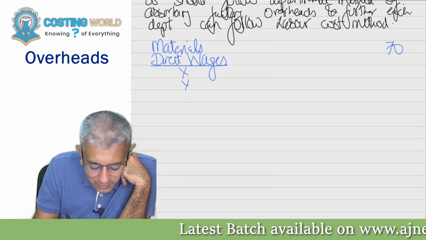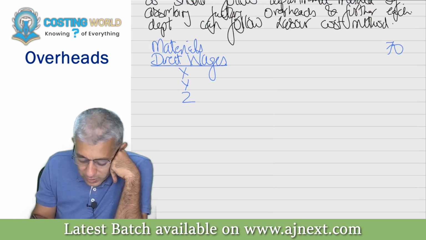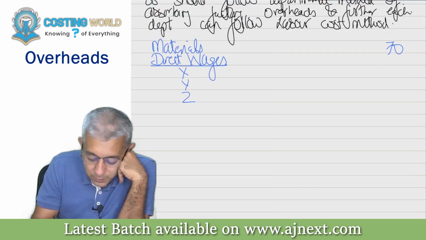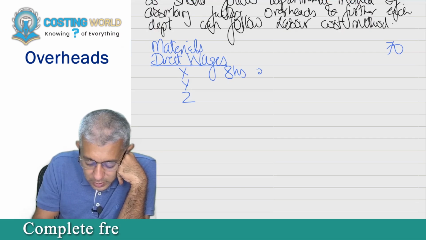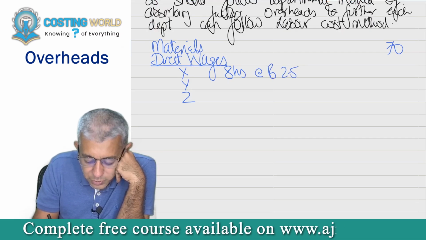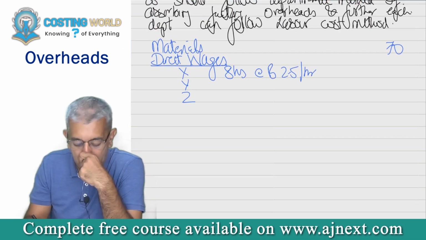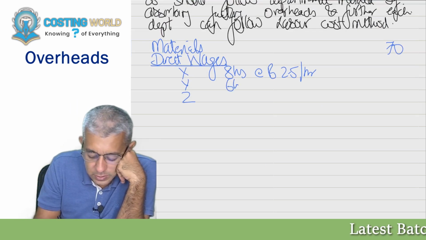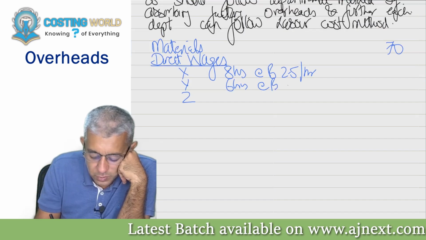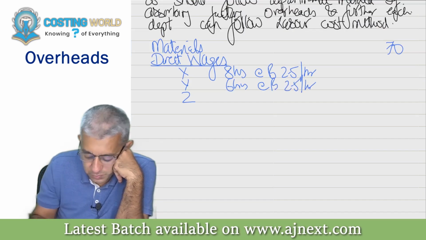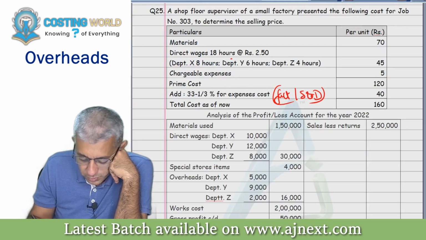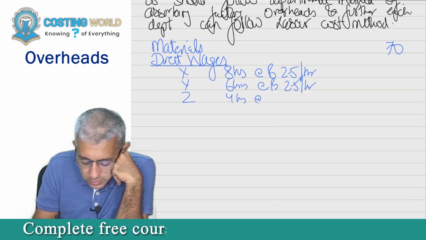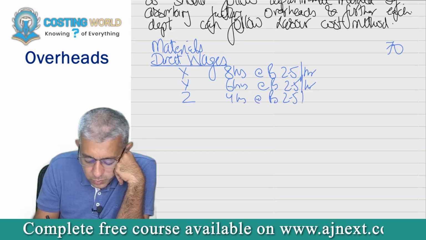Now I'm writing it separately for some reason so that it becomes a bit easier for you after some time. 8 hours at the rate of rupees 2.5 per hour. 6 hours at the rate of 2.5 per hour. 4 hours at the rate of 2.5 per hour.